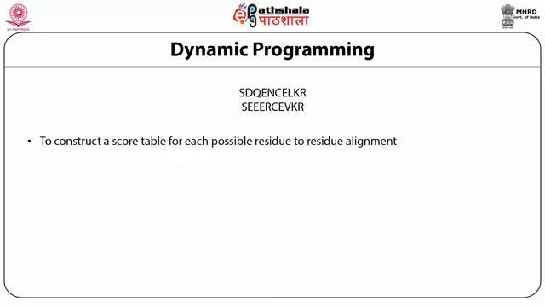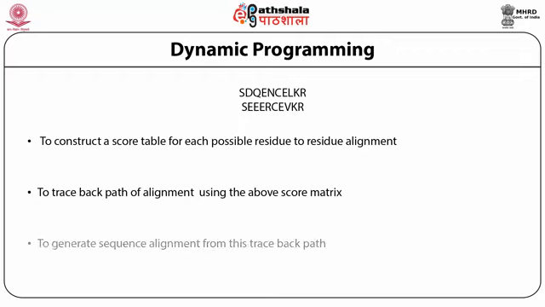The first is to create a matrix for scoring each possible residue to residue alignment in the two sequences. The second is to trace back the path of the alignment using the above score matrix. The third is to generate the sequence alignment from this traceback path.